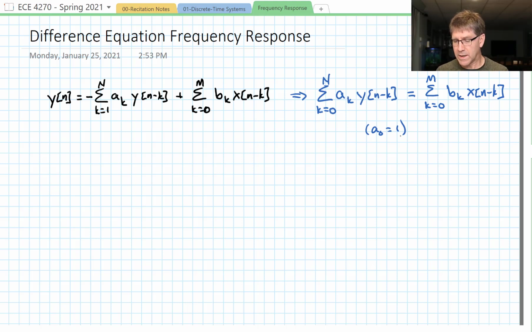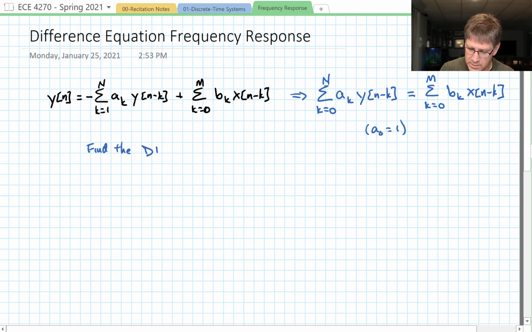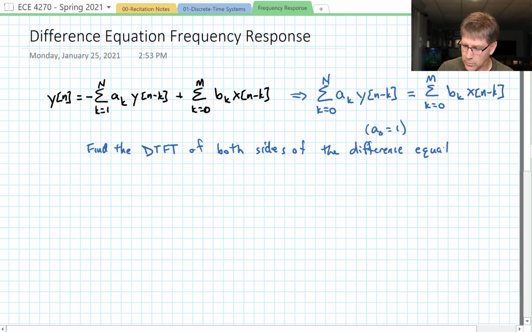So we've taken the DTFT of signals. We can take the DTFT of both sides of this equation. We are doing the same thing to both sides, so we would expect equality to hold.